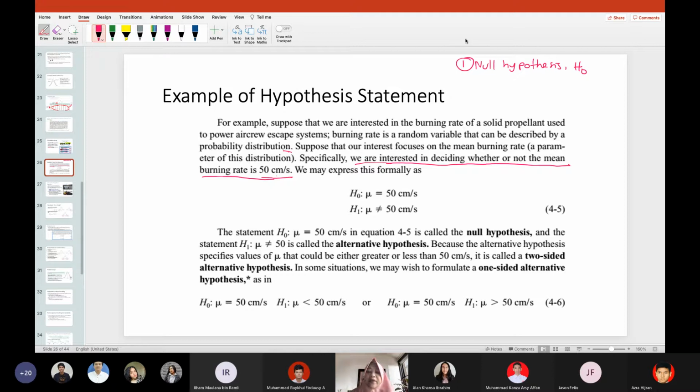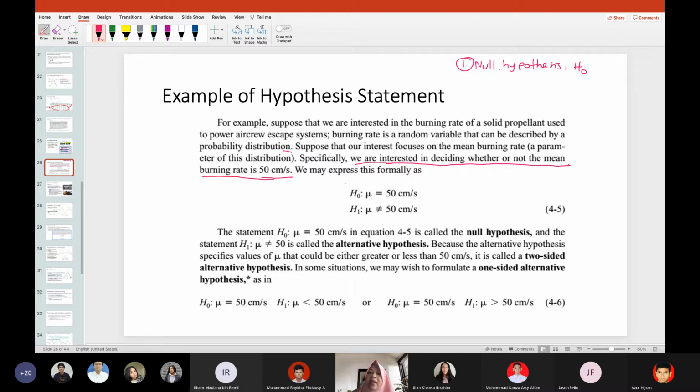So the first one is the hypothesis H0, which contains similarity, mengandung kesamaan. For example, this one is mu, the mean of the population. Remember, mu is the mean of the population.